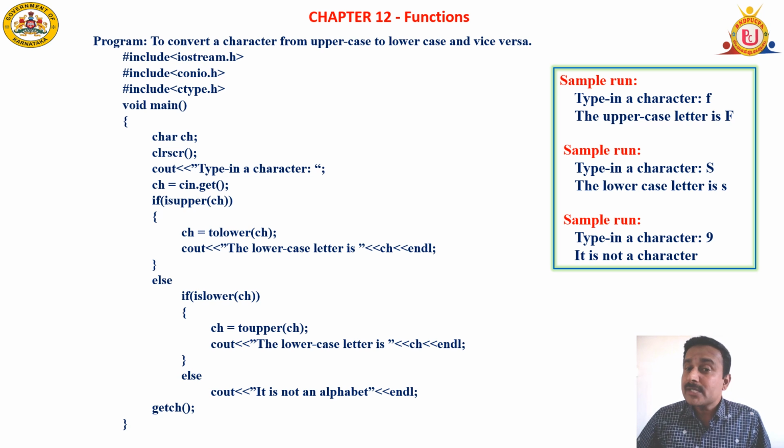If the input is small letter f, then it is going to convert it into uppercase letter F. In the second sample run, if you run the same program again it will ask you to type in a character. If you enter capital letter Y, it is going to print small letter y. Any letter you can give, automatically it will convert it into its opposite case. If you enter it in uppercase, it's going to convert it into lowercase. If you enter it in lowercase, it's going to convert it into uppercase.